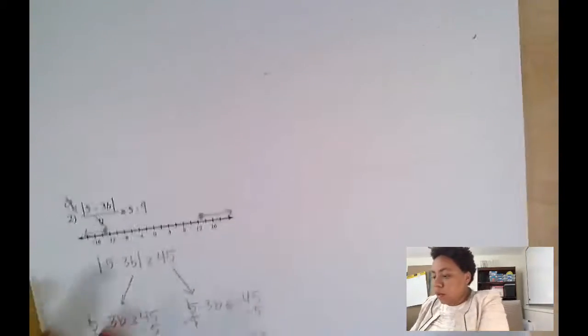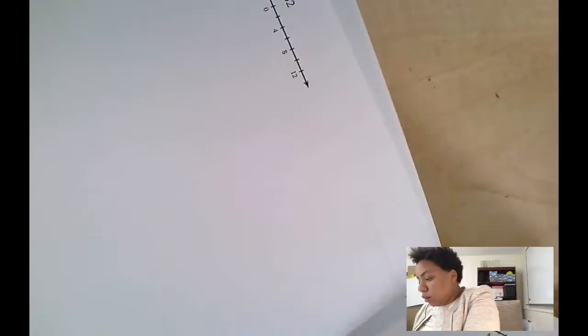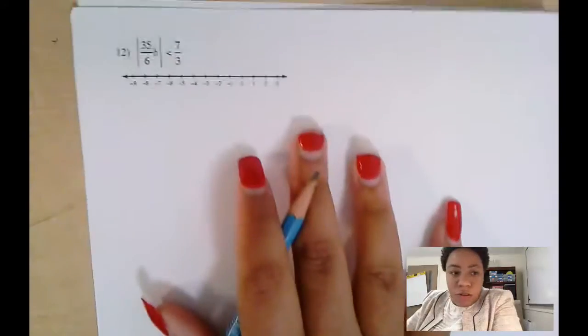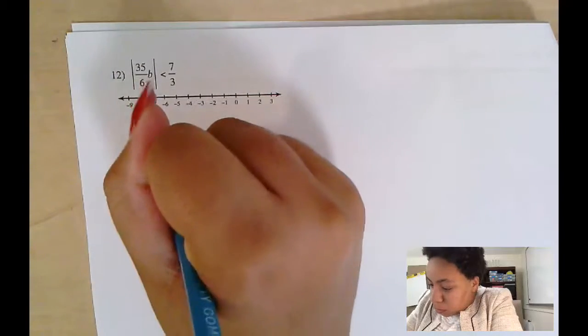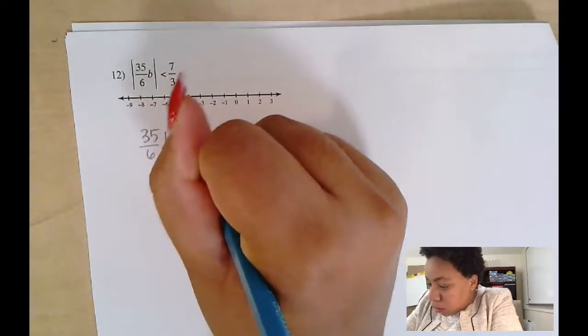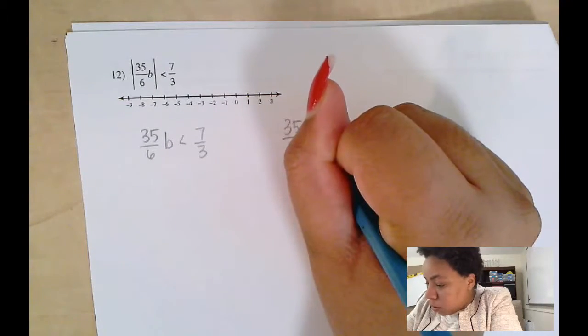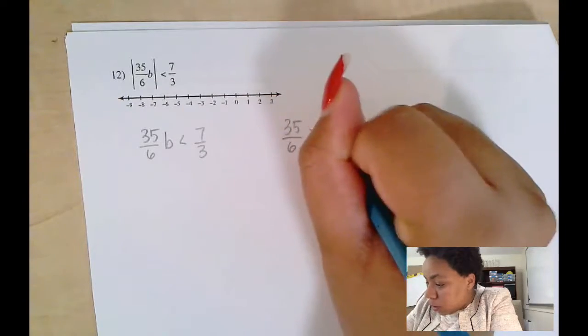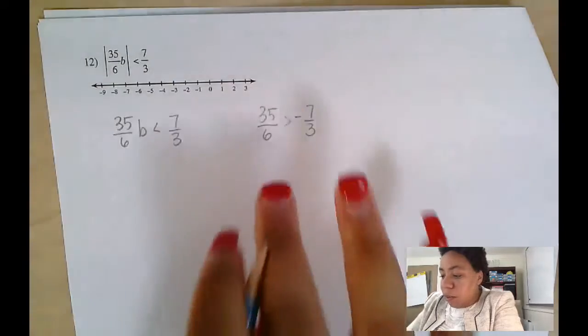All right, and then I'm going to do another problem, a fraction. The fractions here work the same way. So we have 35 over 6 b is less than or equal to 7 over 3, and then 35 over 6 b is greater than or equal to negative 7 over 3. Those are the two values here, and I made sure I flipped the sign.